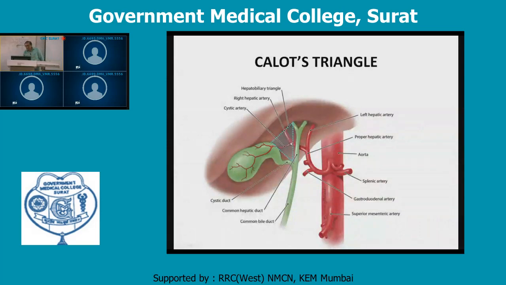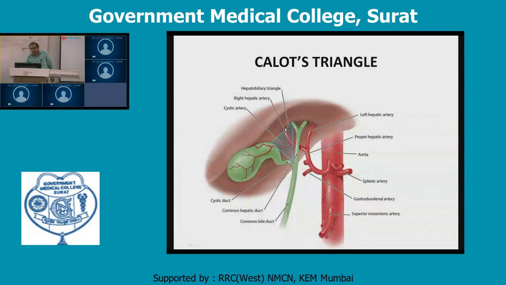But the location of the origin of the cystic artery frequently changes. So it can enter the triangle from any direction: from the upper part, from the gastroduodenal artery, from the inferior aspect also, and it can come from the left hepatic artery also. So the variable course is there for this cystic artery.